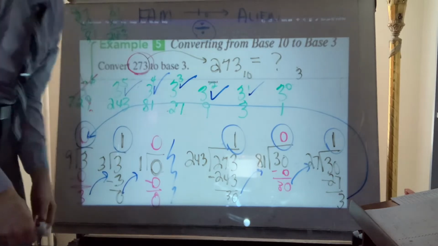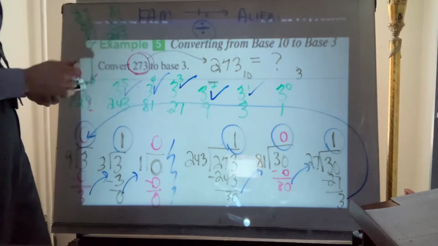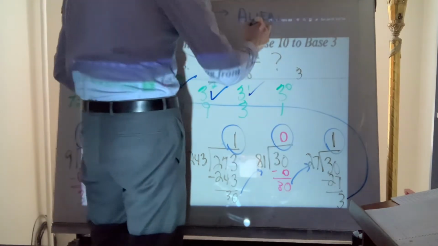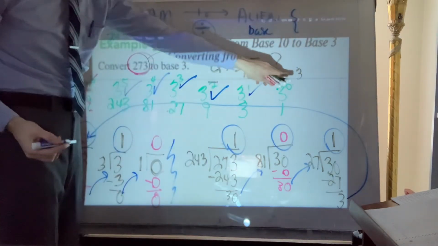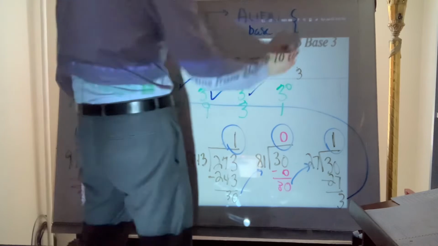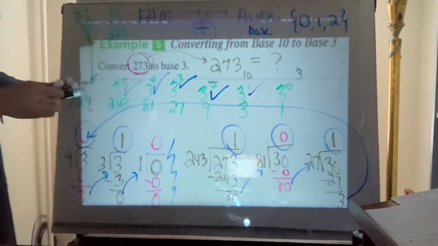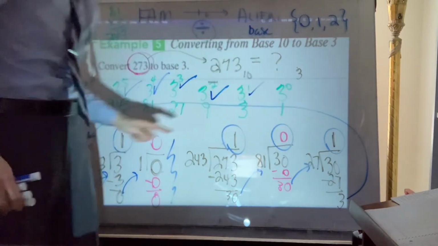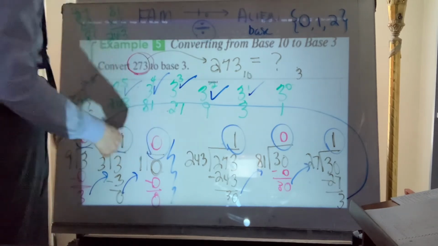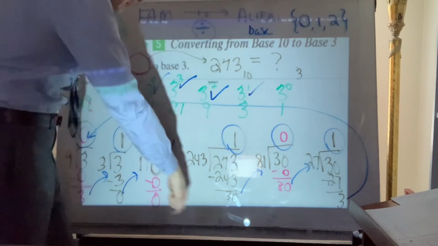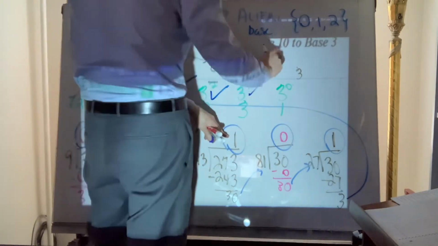Now, if you're wondering, why is this one such a pain in the neck? Because remember what the character set looks like. The alien character set that we're working with is base 3. So that means that the only thing that you'd be allowed to write the quantity in base 3 would be the digit 0, the digit 1, and the digit 2. That's why you notice 1, 0, 1, 0, 1, 0 as your answer. Put them in the correct sequence. I know that unfortunately you have to read it counterclockwise here, but that's the first digit.